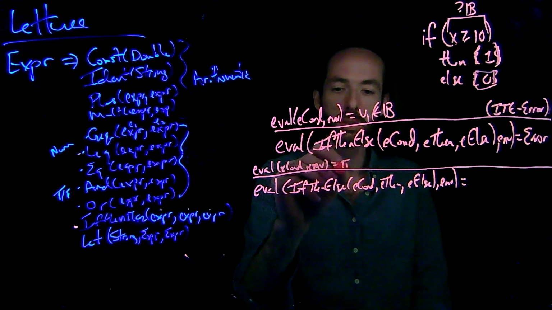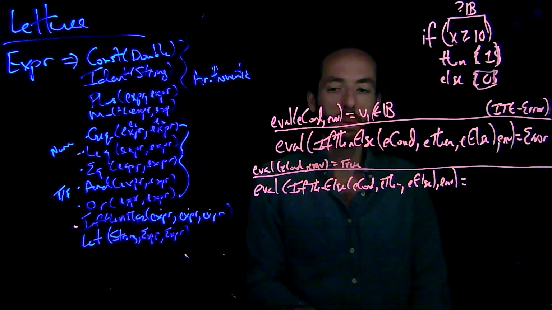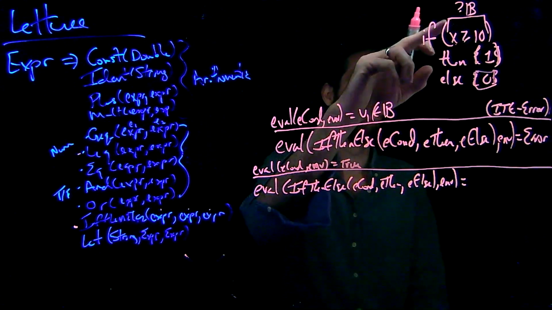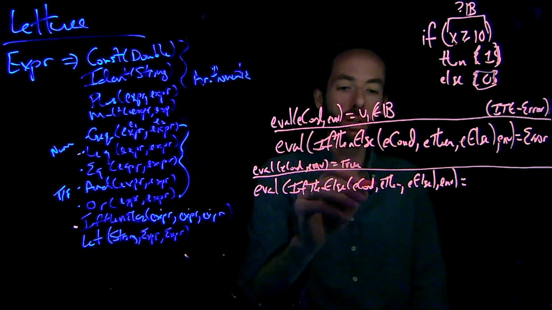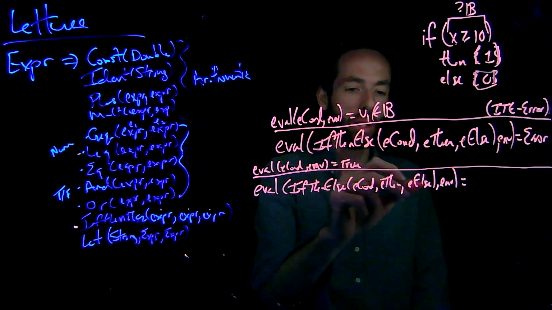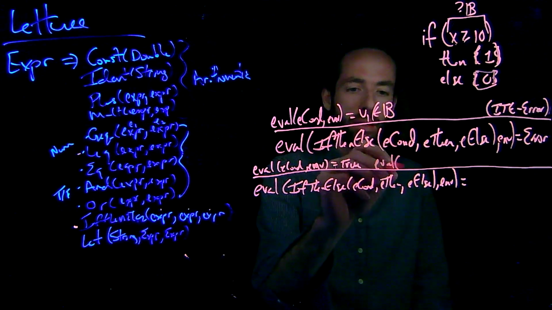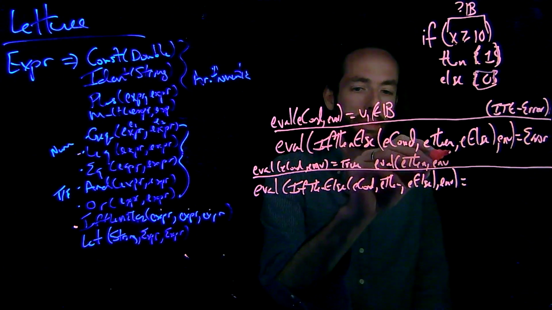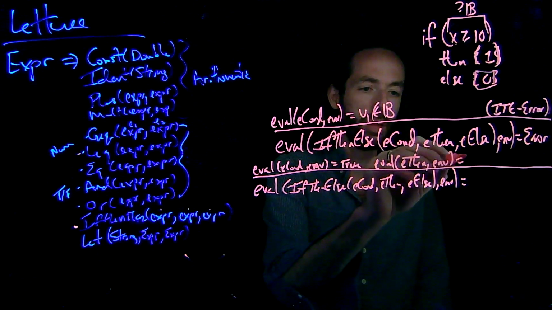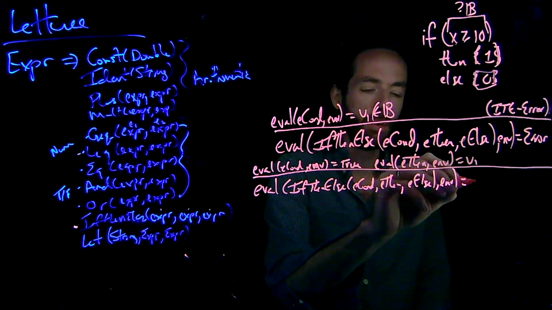And if that's equal to true, what do we want to do? So that means that x is bigger than 10, so I want to go into my then statement. Whatever's going on in the else statement I don't care about, so I just want to eval E then under our environment. Let's call that v1, and we'll just return v1.